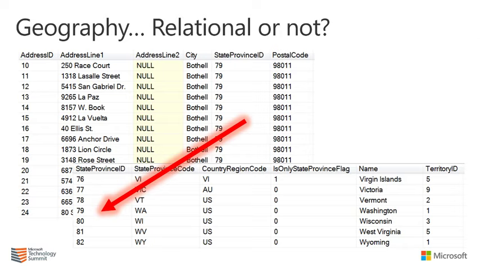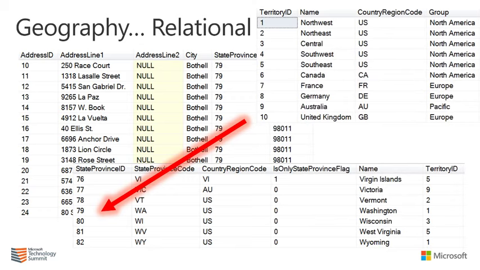I'm joining the tables on the state province ID column, so I can get more insights about what, for example, state province ID 79 means. Yes, it means that it is from Washington. And I have other information, for example, territory ID. I have another table which says that territory ID 5 means that it is Southeast US in North America. So you have a lot of information in relational format.